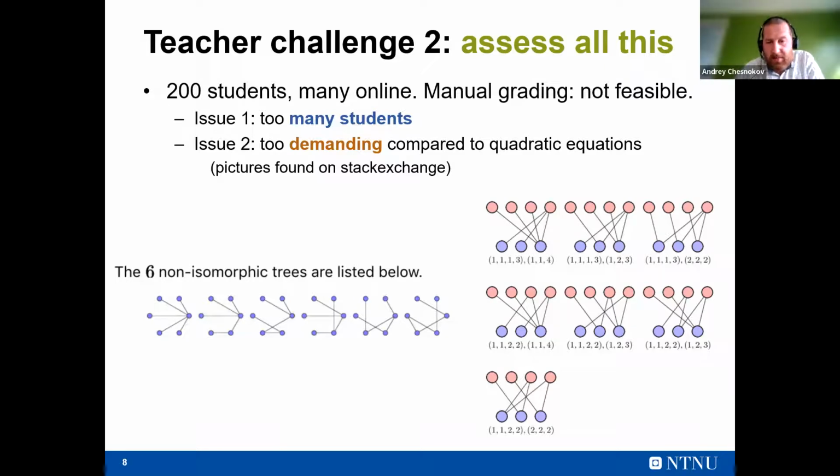But these are some pictures that I just found on Stack Exchange with some graph theory questions. So for example, on the left, the 6 non-isomorphic trees are listed below. But why on earth are they non-isomorphic?